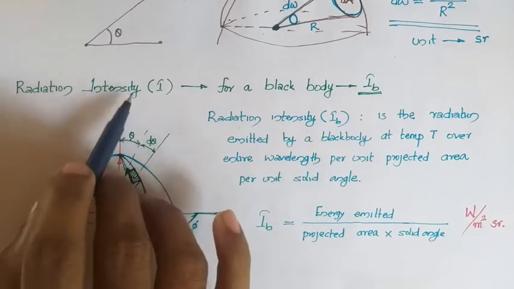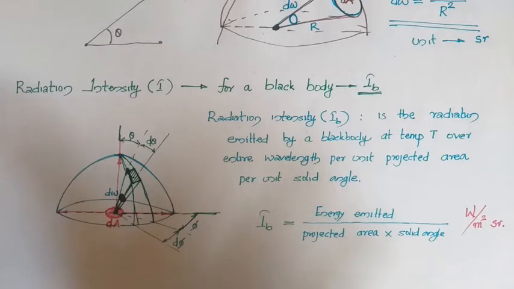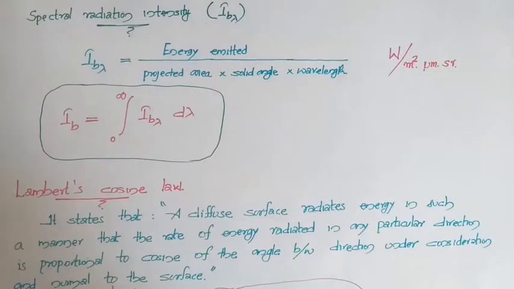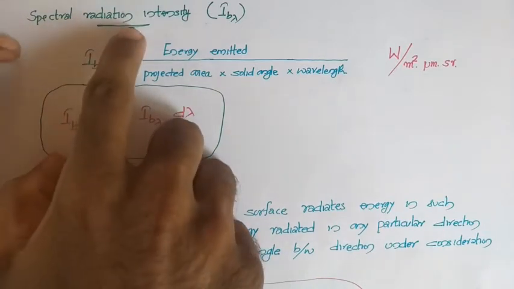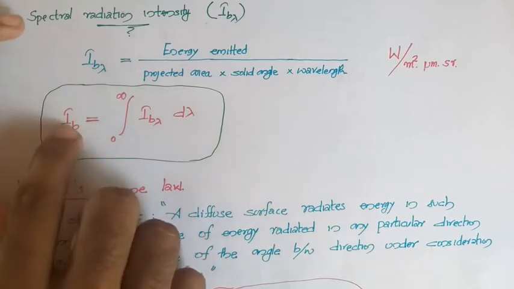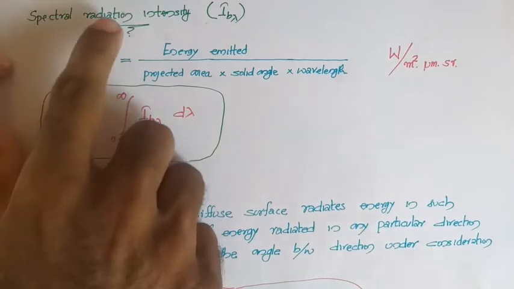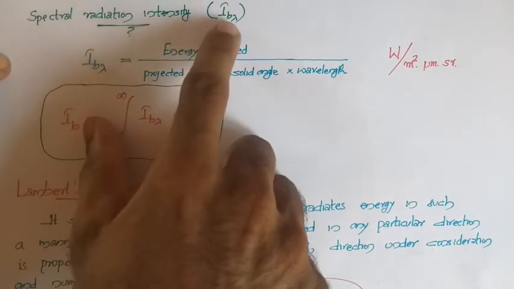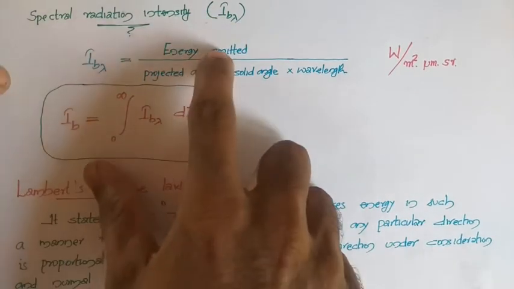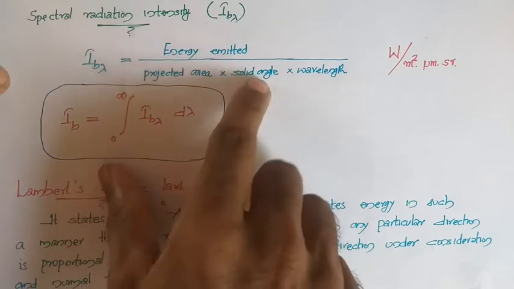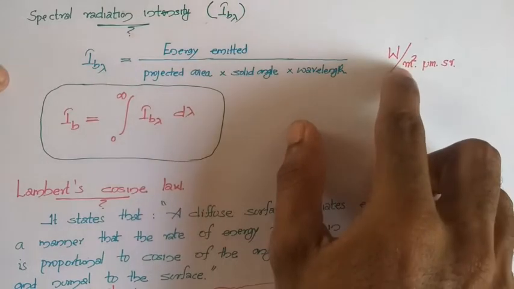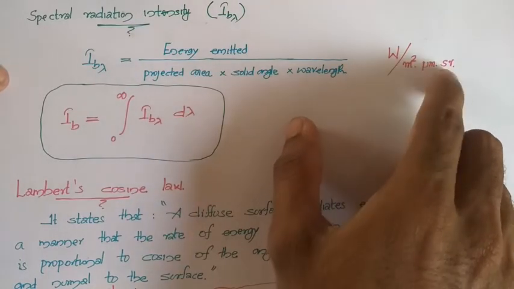So radiation intensity is simply the directional distribution of energy emitted, and this is its definition. And again this radiation intensity can be defined for a particular wavelength also, which will be known as spectral or monochromatic radiation intensity, represented by I_B lambda if you are considering a black body. This I_B lambda equals energy emitted divided by projected area per unit solid angle and per wavelength, whose unit will be watts per meter square micrometer steradian.